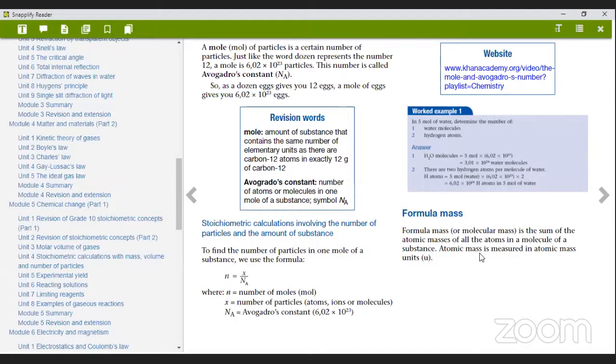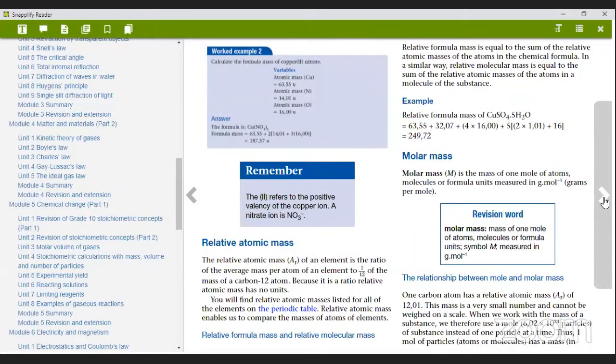Atomic mass is measured in atomic mass units, which is U. So calculate the formula mass of copper. Okay, this will be given in U. You see there, you're going to add them all, but always remember, like I mentioned before, how to times, what to times and what not to times.